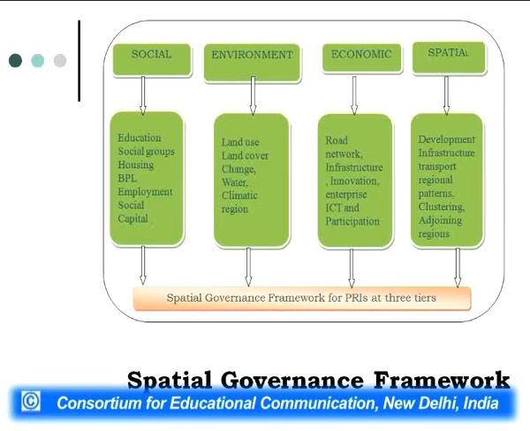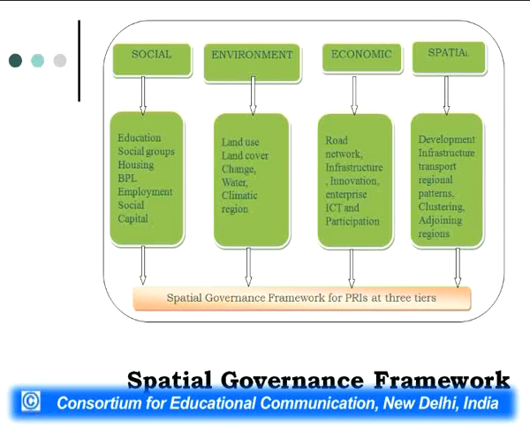And then there are environmental variables like prevailing land use and land cover, and what kind of change has been brought over a period of time in land use and land cover. I mean to say here, for example, whether diversification of agriculture has taken place or not, which particular crop is being grown, whether there is any change in the forest cover in a particular Gram Panchayat, and what the status of wasteland is, because there are many communities which depend upon wasteland for their livelihoods.